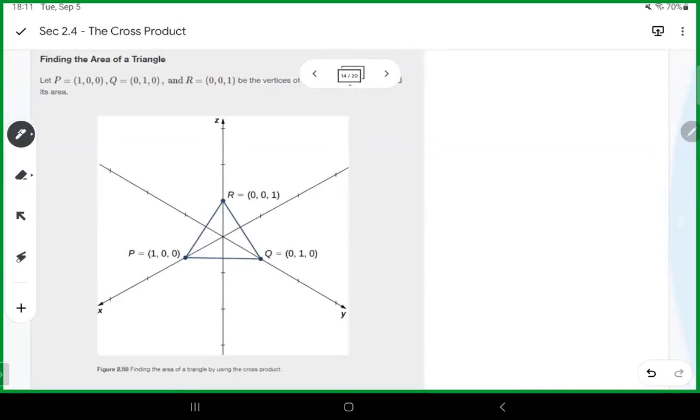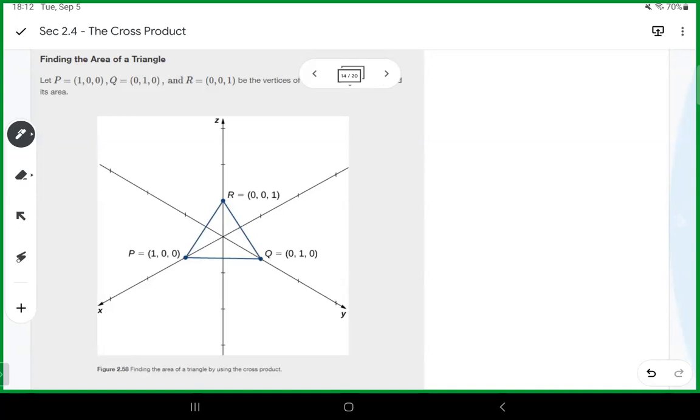All right. So if we let P be 1, 0, 0, and Q be 0, 1, 0, and R be 0, 0, 1 of the vertices, okay?